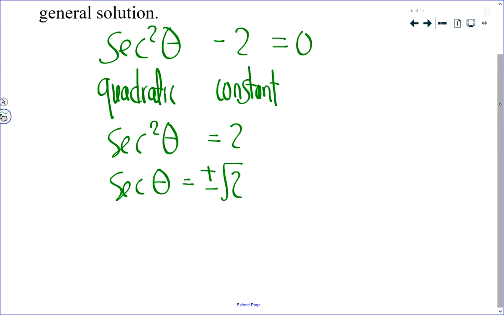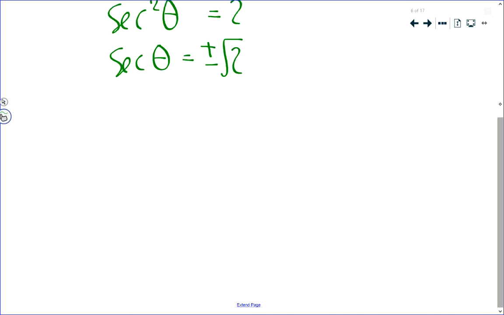And secant is the reciprocal of cosine. That means rather than writing secant equals root 2, we can write cosine equals the reciprocal of the root 2.